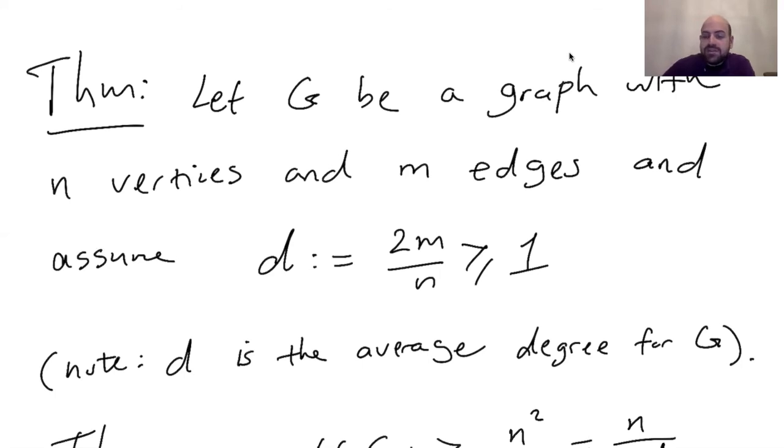But this time, G is fixed and is given. So I cannot consider random graphs because G is given to me. I want to prove a result about it. If I want to still use the probabilistic method, what can I consider randomly this time? I have no control over G. G is fixed, is given to me.